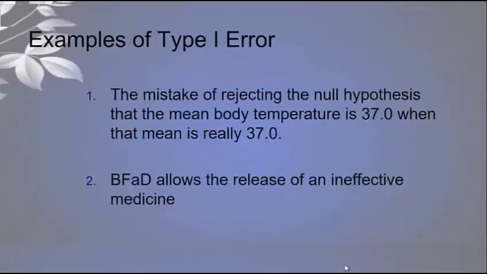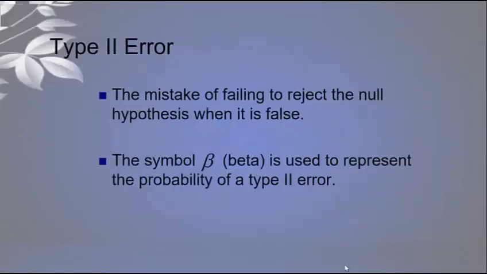Example of type 1 error: the mistake of rejecting the null hypothesis that the mean body temperature is 37.0 when the mean is really 37.0, or the BFAD allows the release of an ineffective medicine. Type 2 error is the mistake of failing to reject the null hypothesis when it is false, and the symbol beta is used to represent the probability of type 2 error.